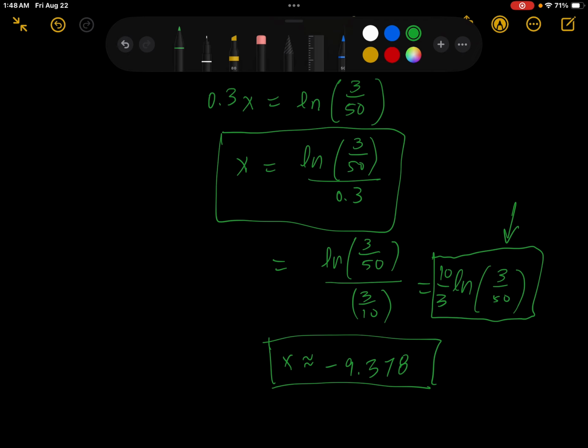Because 3 over 50 is less than 1. And when you take the natural log of a number between 0 and 1, the result is going to be negative.